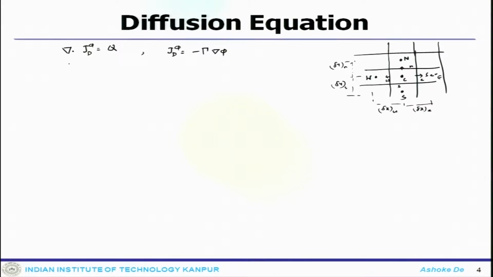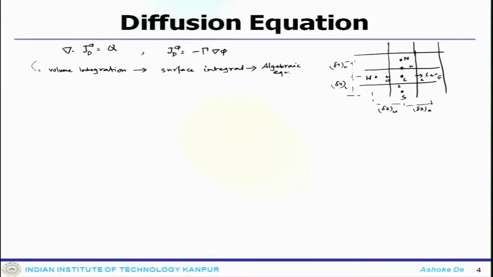As we have done before, you do the volume integration and then convert to a surface integral to get back an algebraic equation. That we have already done.